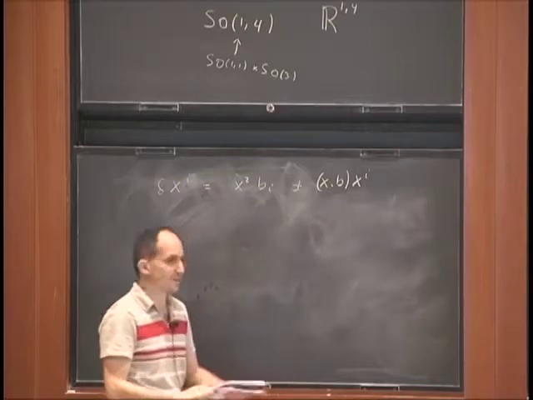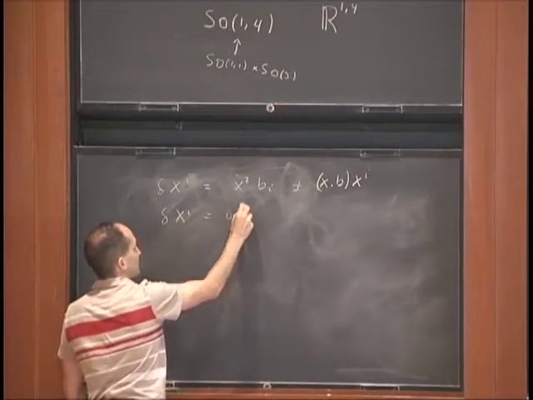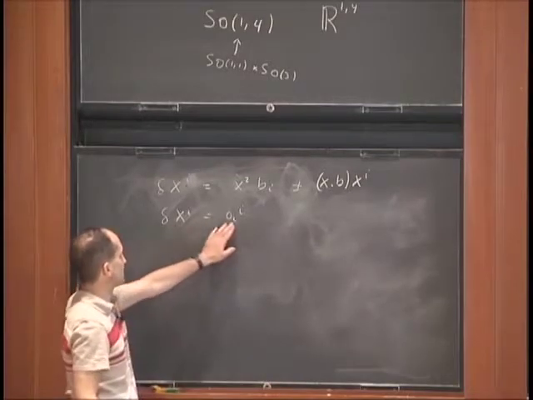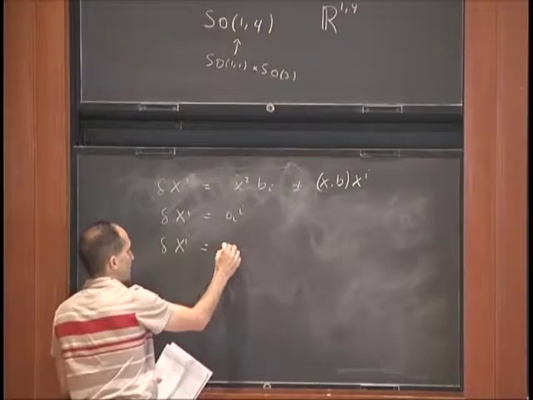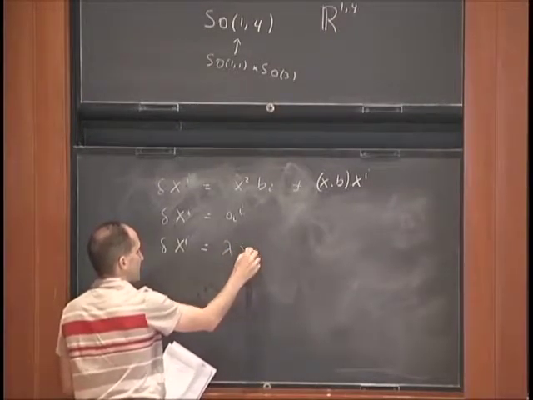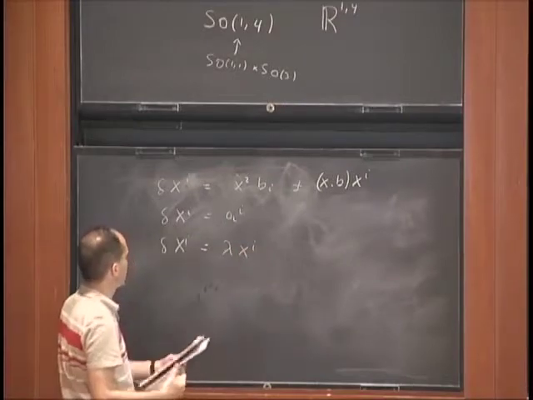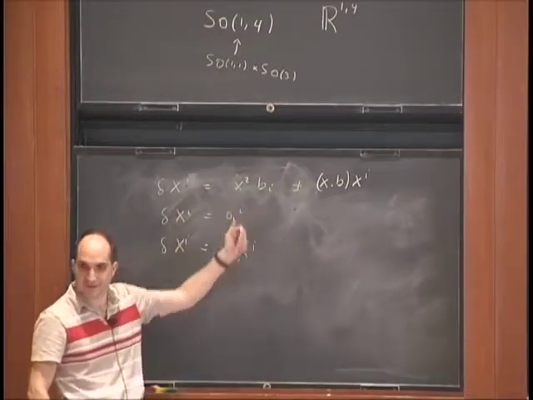Recall, translations are given by a vector that has no x dependence, and we have dilatations, where an infinitesimal dilatation is given by, let's say, lambda x, where lambda is very small. So this has 1 power of x, this has 2 powers of x, and all together they form the conformal group.